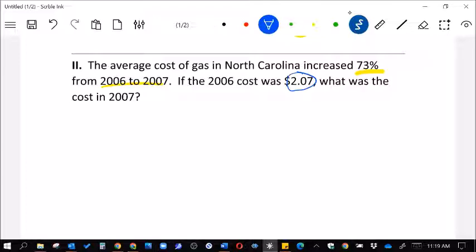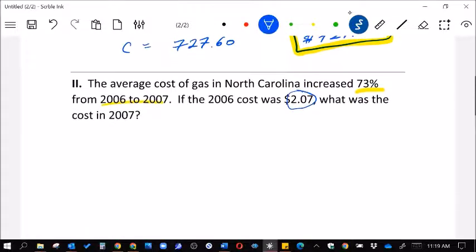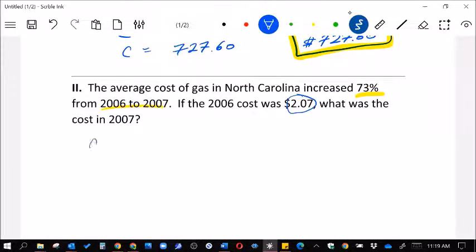There's a couple of ways to think about this. We're going to start by simply looking at it as an increase. So if the 2006 cost of gasoline was $2.07, we know that that has to go up by 73%.